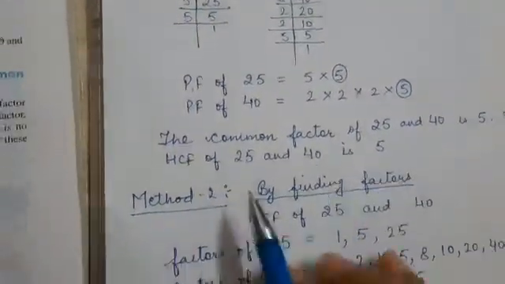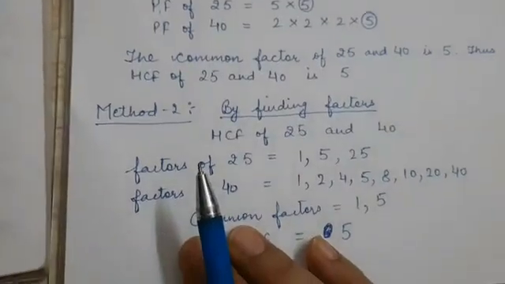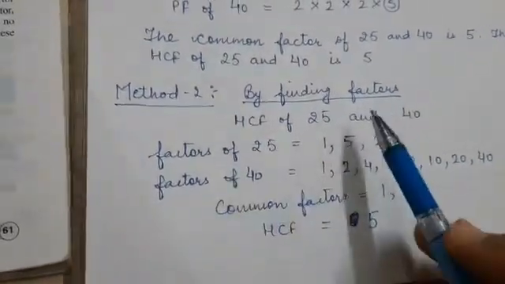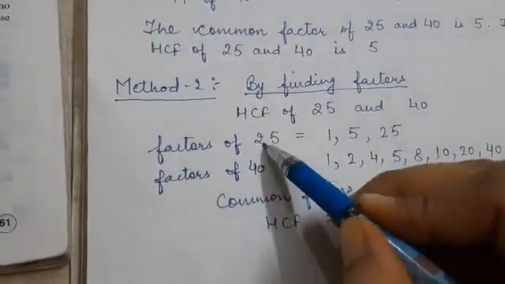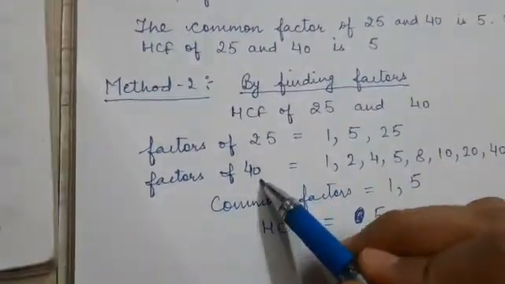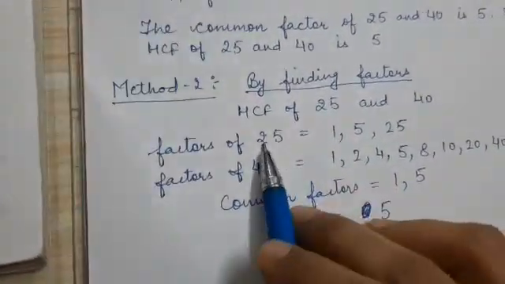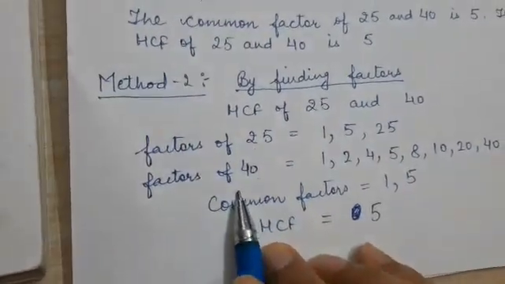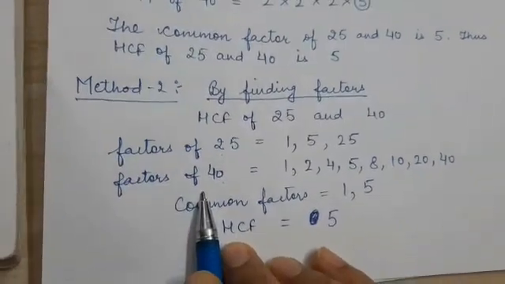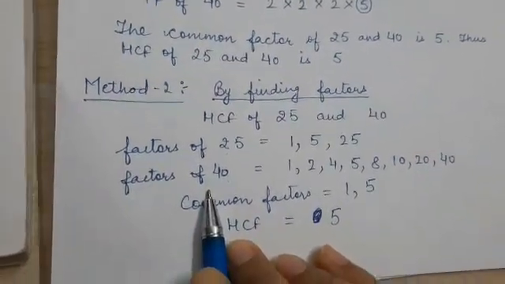Now this is one of the methods. Method 2 is finding factors. This you have done earlier also. You have to find out the factors of 25 and the factors of 40. Factors of 25 are 1, 5 and 25. And factors of 40 are 1, 2, 4, 5, 8, 10, 20 and 40.